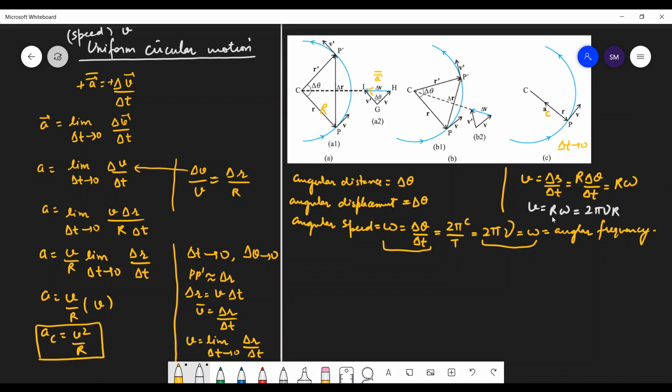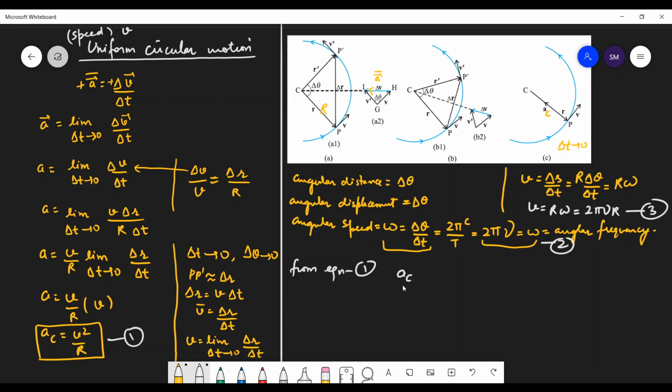So we have these two formulas for the velocity. This was important equation number 1, this was equation number 2, and this is equation number 3.